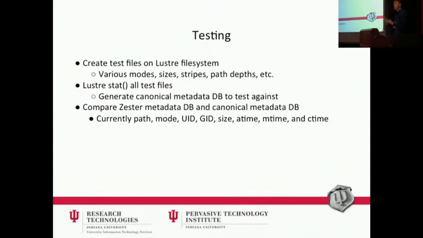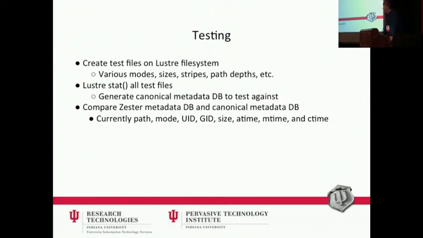So we create a group of files, and then we run Lustre stat on all those files, because in the end we want to know exactly what Lustre thinks that file is, so we want to match things up exactly. We have a script for each of these pieces.